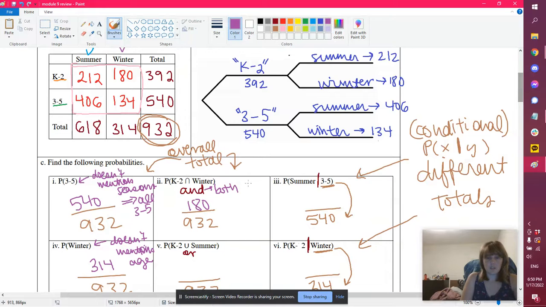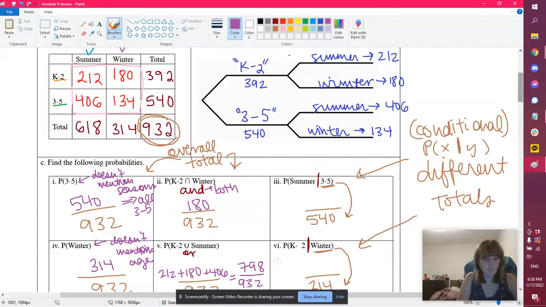And the last one is K through 2 or in summer. These are all the things that are in summer. These are all the things that are in K through 2. So we're actually going to add those three numbers up. We're going to say 212 plus 180 plus 406. And then that number is, get my calculator out real fast, 932 minus 1 is, where's my pen?